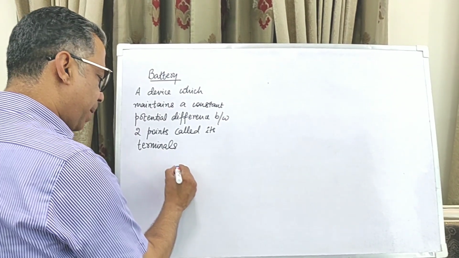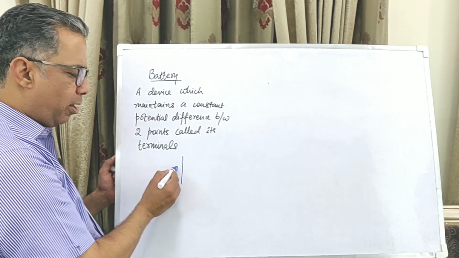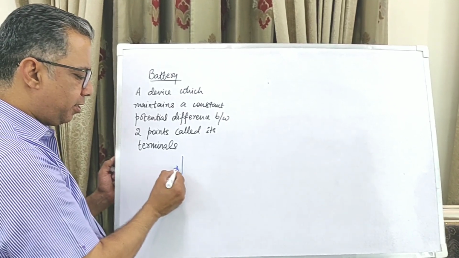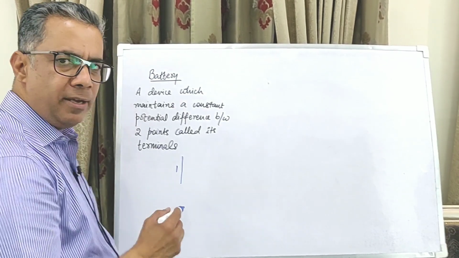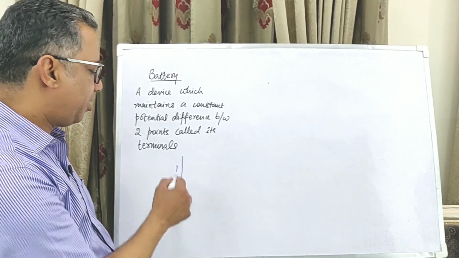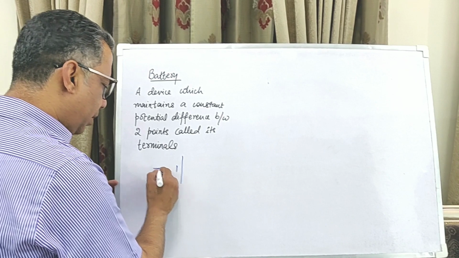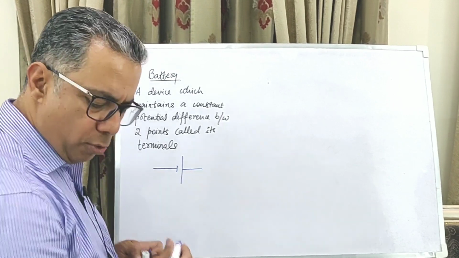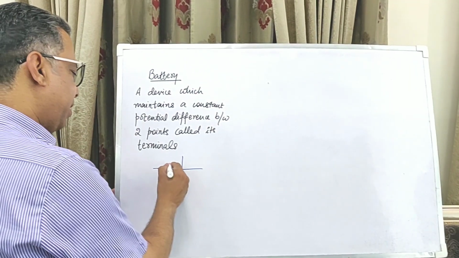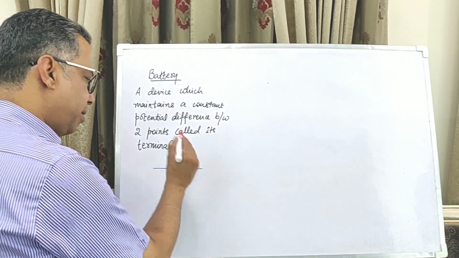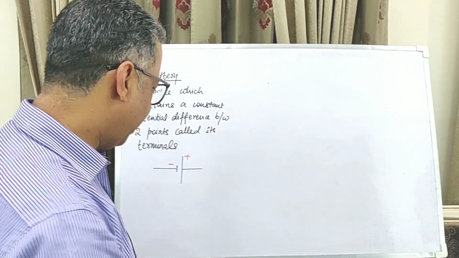So the terminals of the battery are like this. They are represented by these two lines. The smaller line represents the terminal at the lower potential, and the longer line represents the terminal at the higher potential. So this terminal at lower potential is called the negative terminal, and this terminal at the higher potential is called the positive terminal.